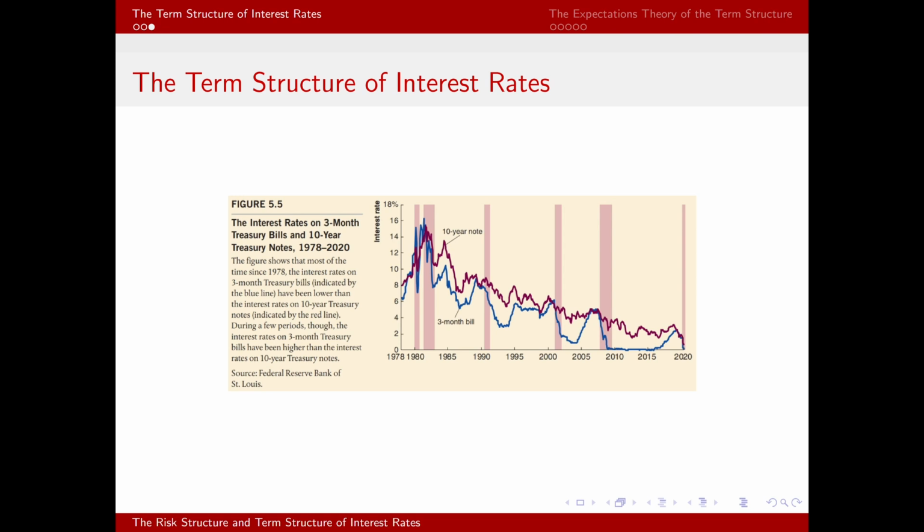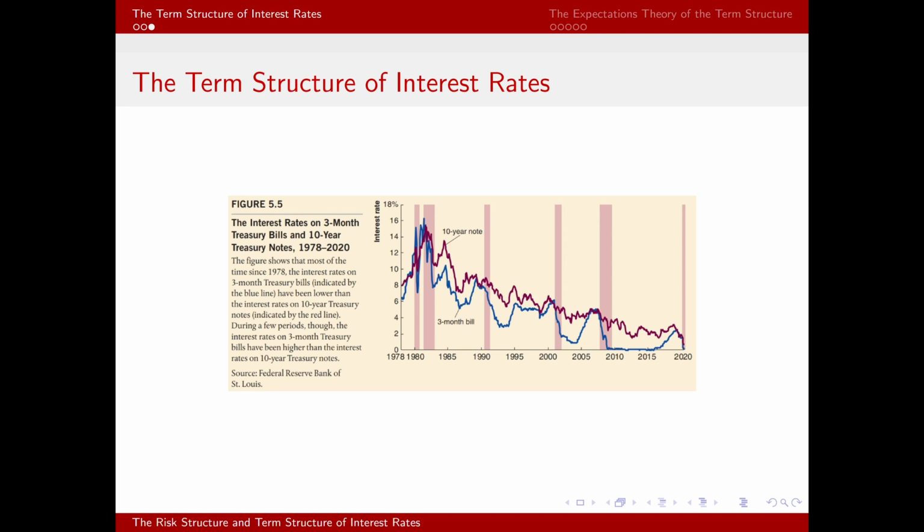Every single pink area is a US recession. And if you look at every single one, there is a closing of the yield curve or an inversion of the yield curve for every single one. So that is saying that before every single recession, investors agreed that the economy is starting to overheat.